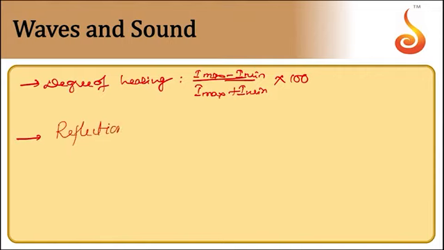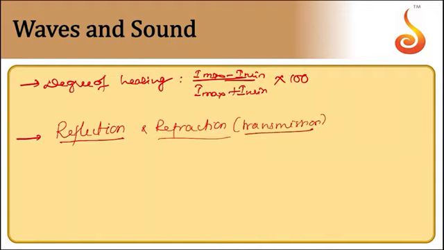Whenever a sound is incident on a surface, it undergoes reflection as well as refraction, that is transmission. Let's assume that there are two media here, medium 1 and medium 2. This is the interface. This is medium 1.